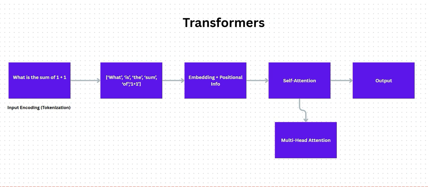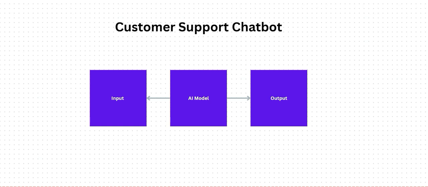That's how the response is generated, one token at a time, until the full answer is formed. So this is what happens behind the scenes when an LLM like ChatGPT starts analyzing the content you entered and generates a response. Let's take one more example to reinforce these concepts. Imagine you are building a customer support chatbot using LLMs.